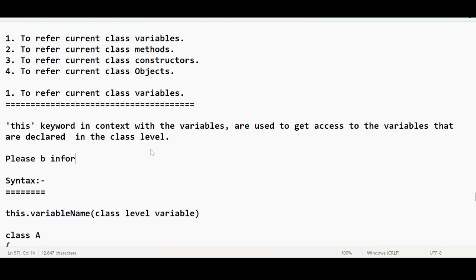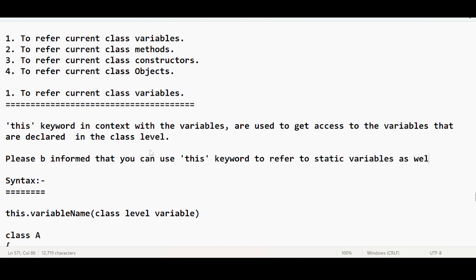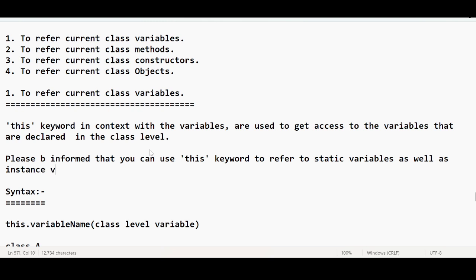Please be informed that you can use this keyword to refer to static variables as well as instance variables. It is not limited to static variables. You can also refer to instance variables.